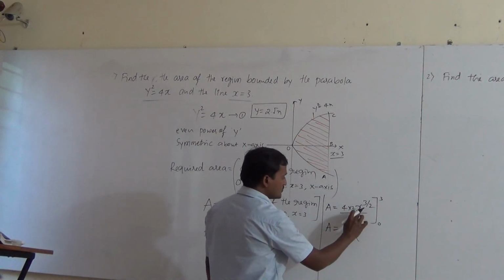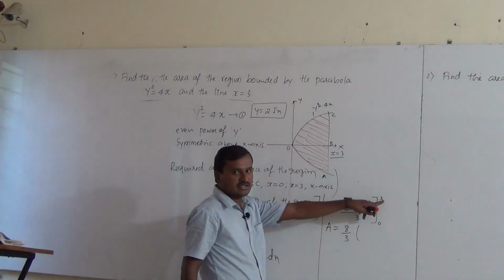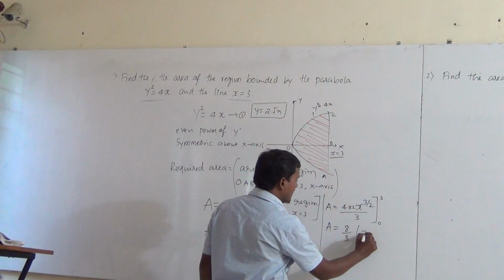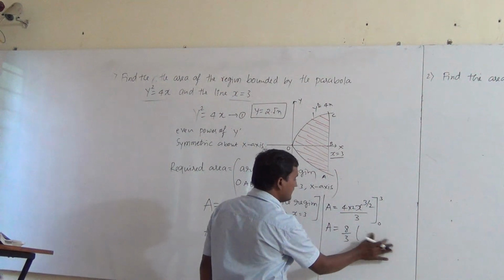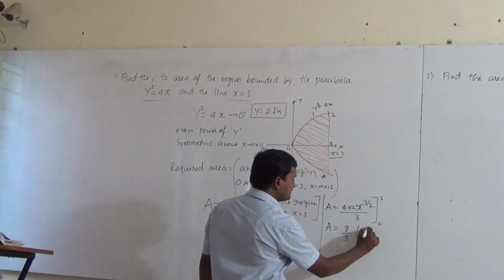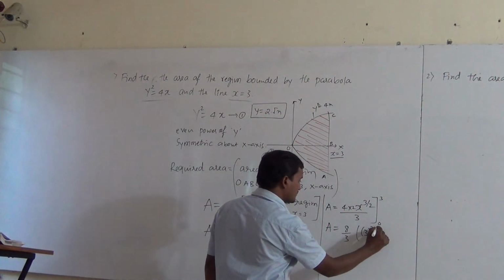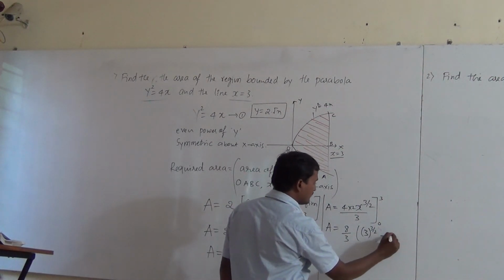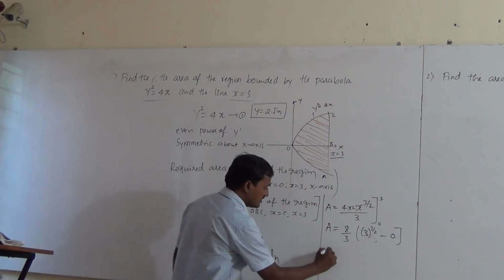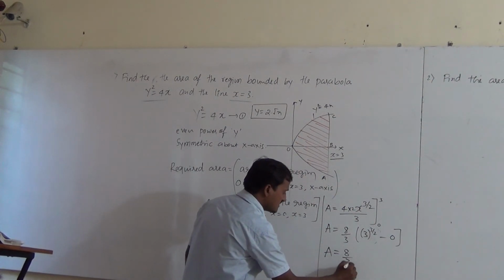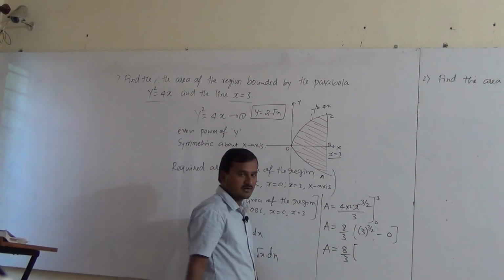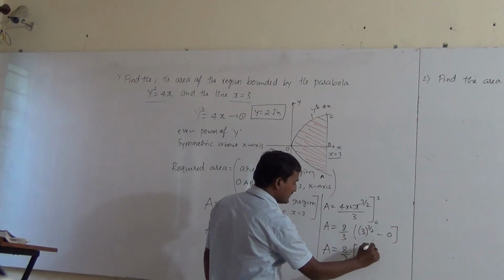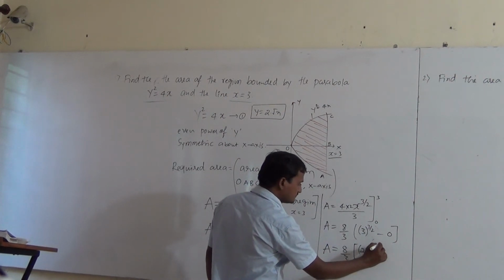So here first you should replace the value of x by 3, minus the lower limit, replace the value of x by 0. So therefore it is 3 to the power 3 by 2 minus 0, right? Now simplification, that is 8 by 3 as it is. So 3 to the power 3 by 2 means 27 to the power 1 upon 2, right?